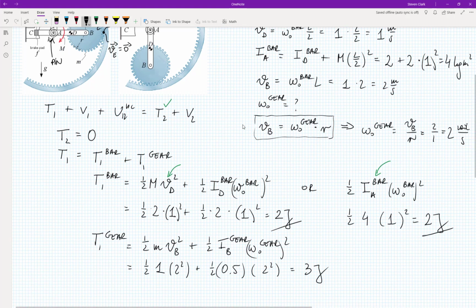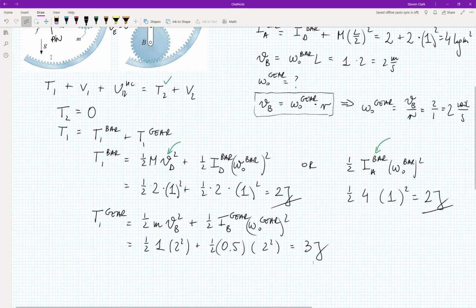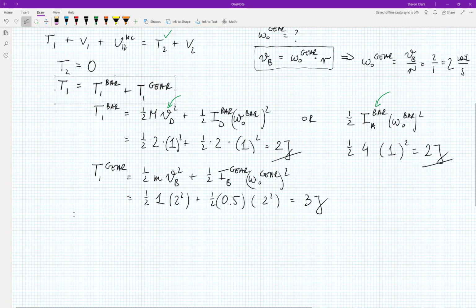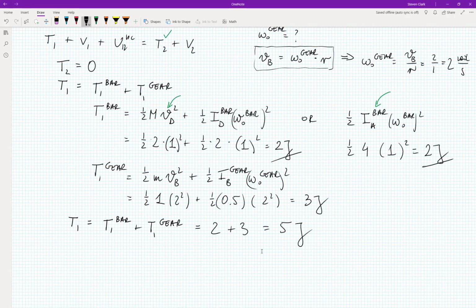Okay, so I think that we found T1, because T1 is equal to that. So that means that this will be 2 plus 3, and this is 5. Okay, so T1 at the beginning is 5. So yeah, we have 40% of the problem done.